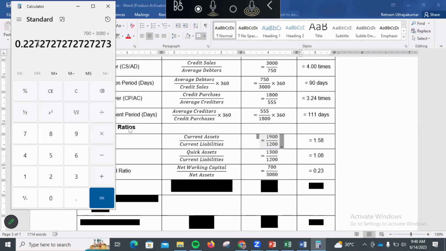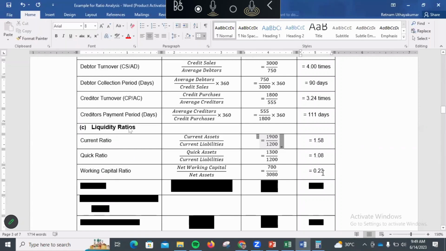You want to round this up. 0.227 should be written 0.23, because you must have the same style for reporting all the values in two decimals. That's why you round this up. Anyone writing 0.22, that's wrong. Cannot be accepted.